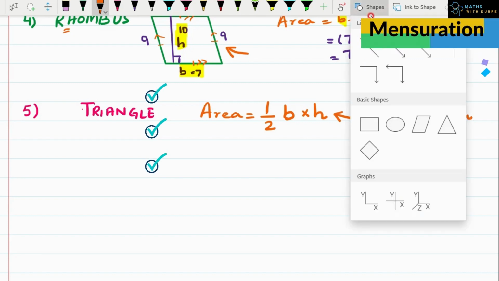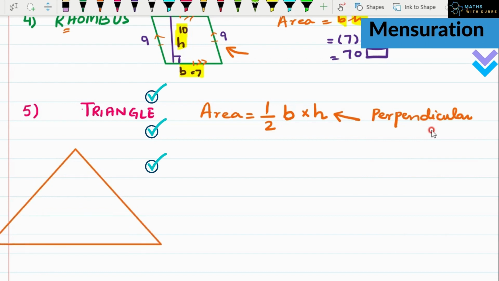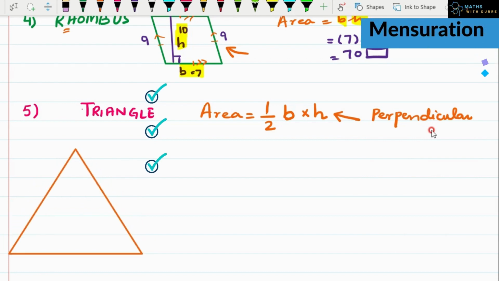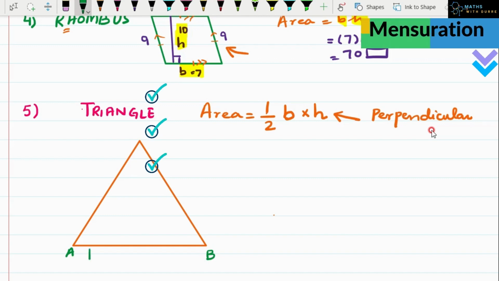Let me draw different types of shapes here for better understanding. Okay, here it is. Suppose I have these 2 points. Can you show me the height? If I say that this one is a base, where is the height of it?